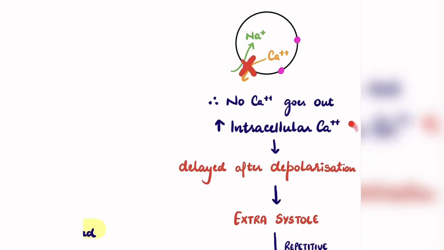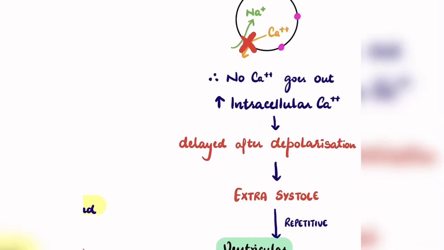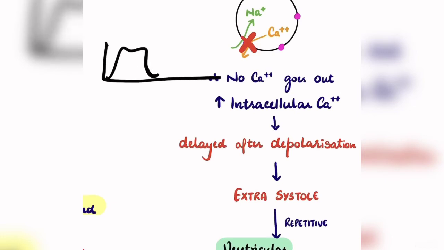Now when there's an increase in intracellular calcium, this will cause delayed afterdepolarization. What do I mean by that? Normally if we see two cycles, this is one cycle and then there's a break and there's another cycle. Normally if we block the calcium channel, that means the plateau phase of depolarization decreases.